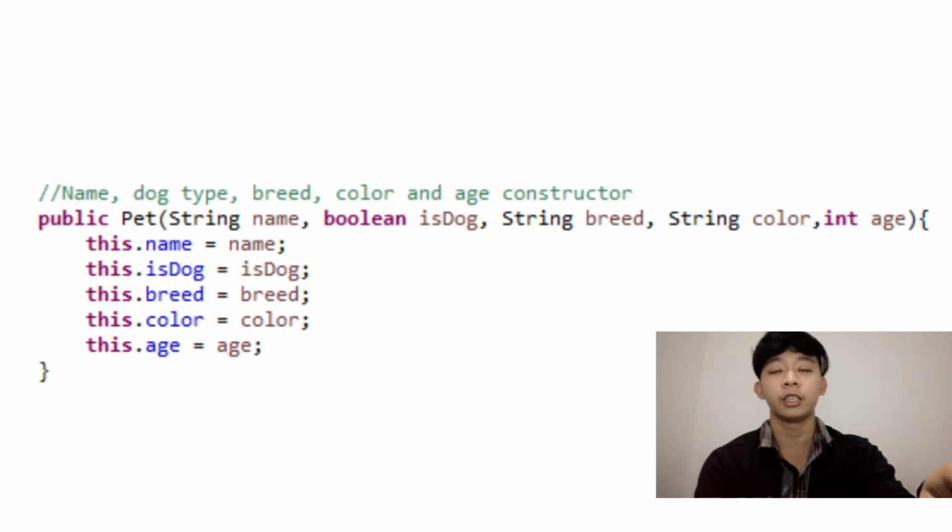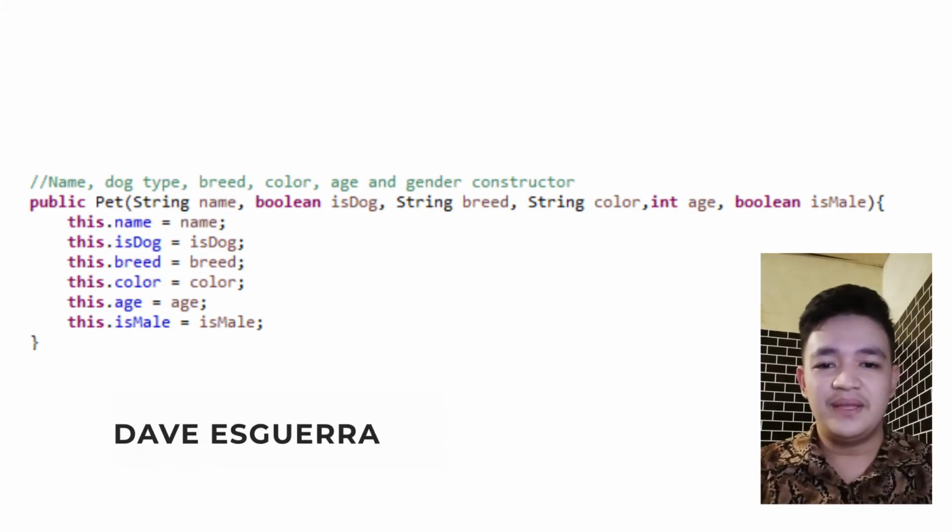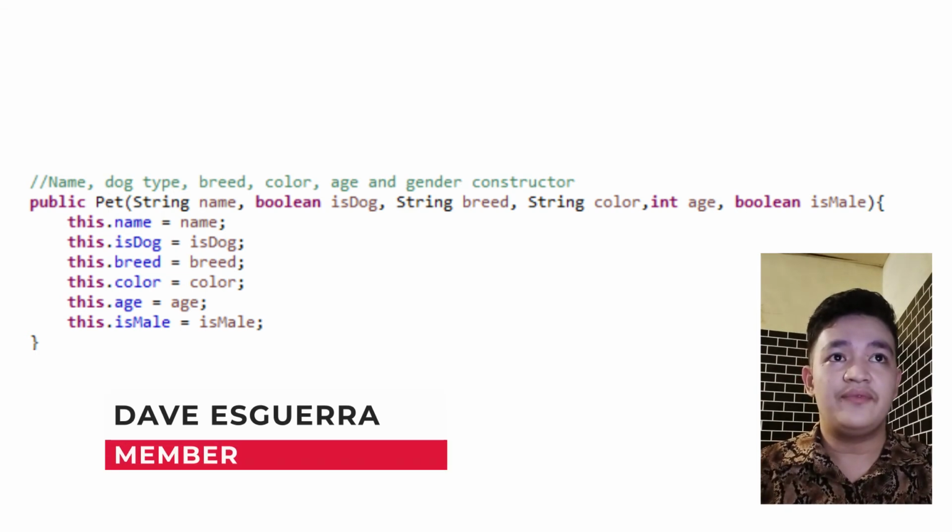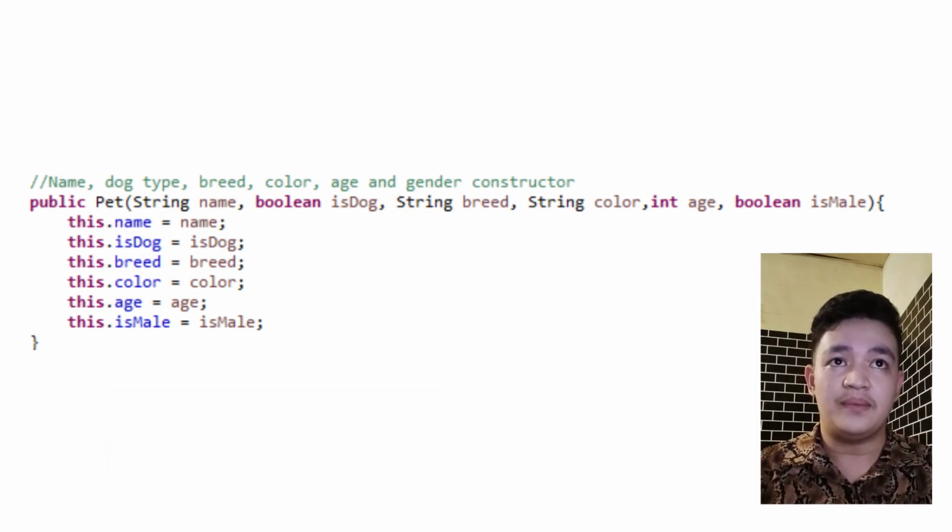Hi, I'm Dave Isguera, and I will discuss the fifth constructor in our program named Pet. It is a parameterized constructor which accepts values for name, dog type, breed, color, age, and gender. The data type for name is String, boolean for isDog, String for breed, String for color, int for age, and boolean for gender.